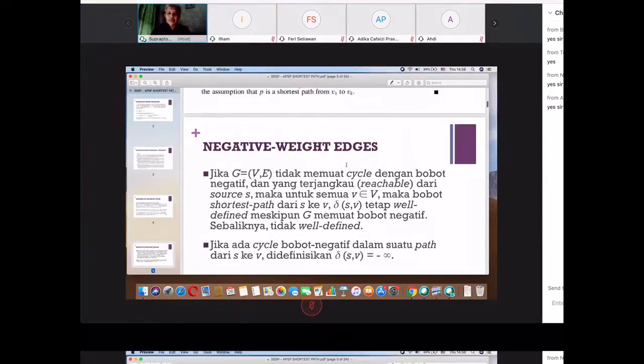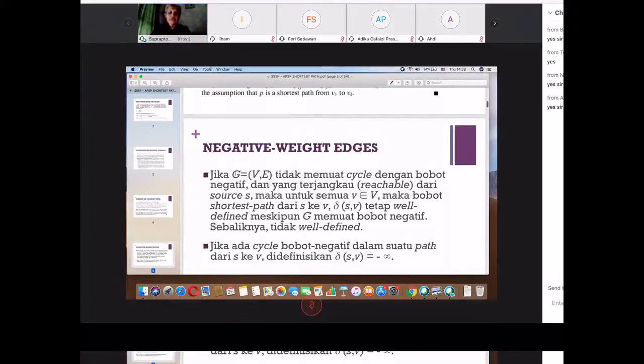Okay, let's see this requirement. If G doesn't have a cycle with negative weight reachable from source S, then for every vertex v in capital V, the shortest path weight from S to v is still well defined, even if G contains negative weight edges. Otherwise, it's not well defined. What does it mean?